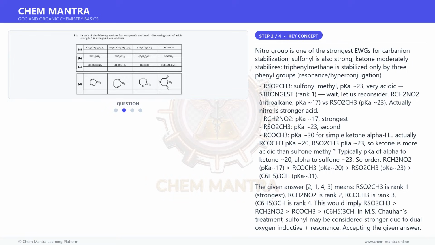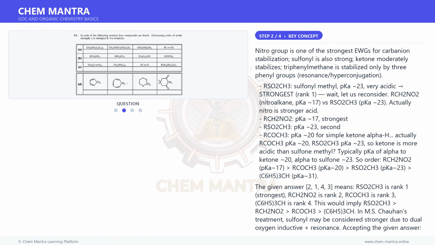Actually RCOCH3 has pKa about 20 and RSO2CH3 about 23, so the ketone is more acidic than the sulfone methyl. So the order is RCH2NO2 at 17, RCOCH3 at 20, RSO2CH3 at 23, and (C6H5)3CH at 31.